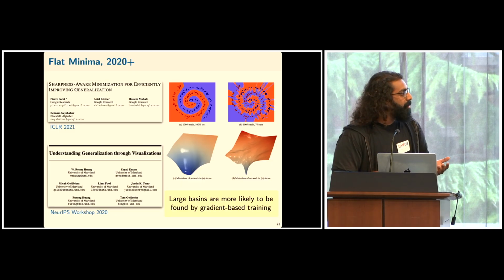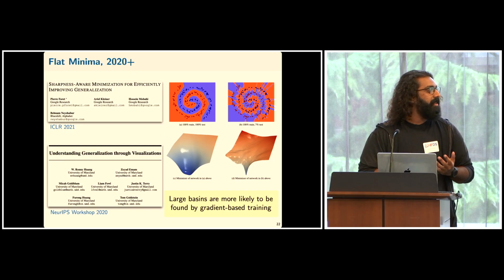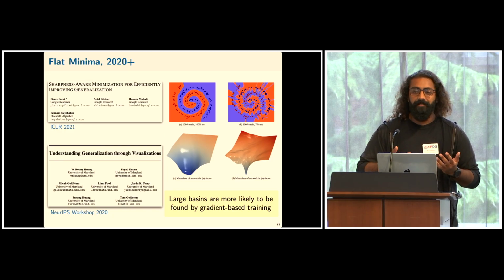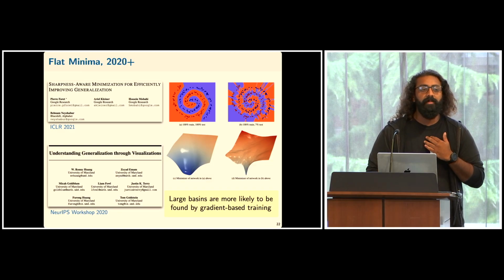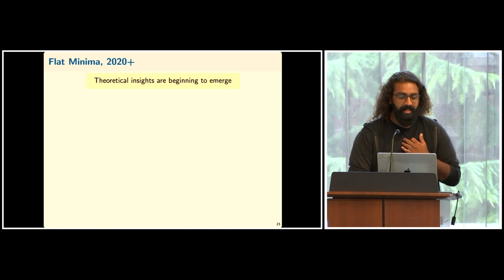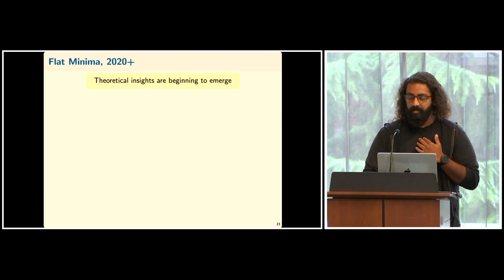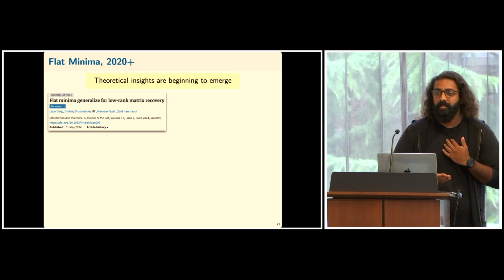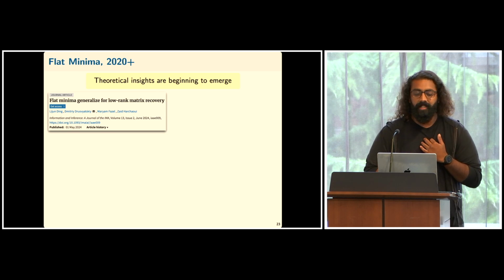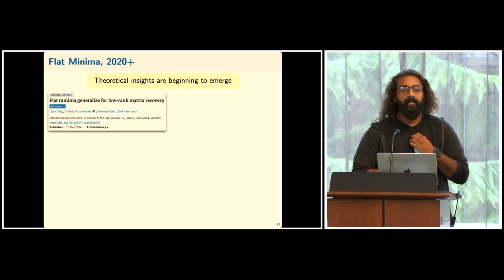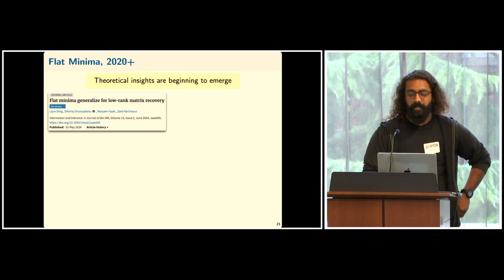Something else that's important is that large basins are also more likely to be found by gradient-based training. So if we can understand that having a large basin or a flat minimum is good, then we could even hope to find these minima with gradient descent. Now theoretical insights for this phenomenon are starting to emerge. Dima, Mariam, and Zaid had this paper recently about flat minima generalizing well for matrix sensing type problems.